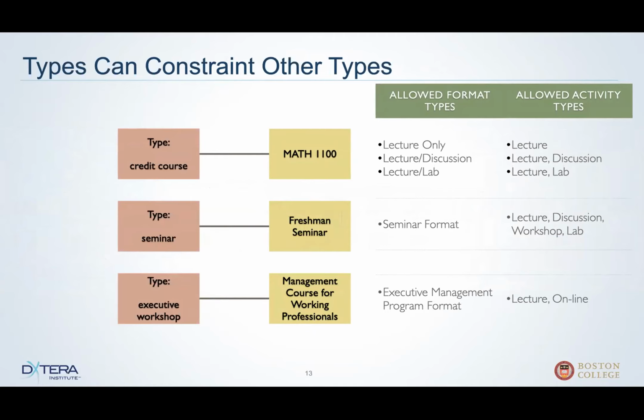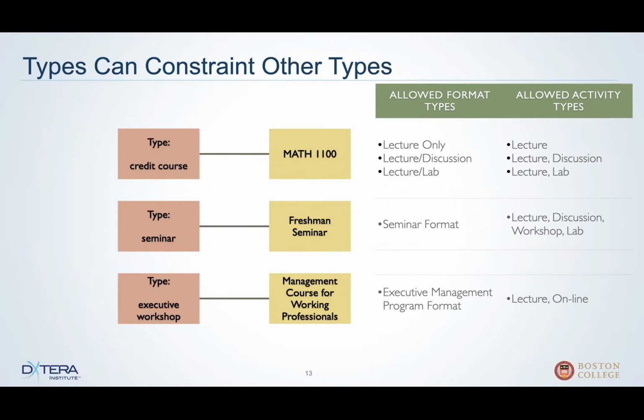So last week I ran through some examples of some of the other kinds of constraints that we do. For example, a credit course, Math 1100, may only have certain allowed format types to go with it, which in turn drive the activity types.